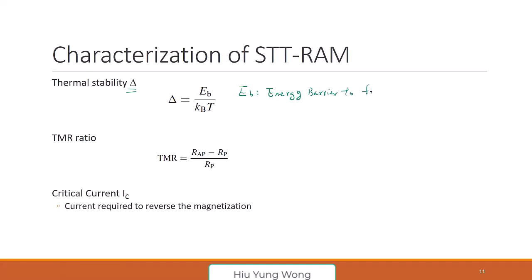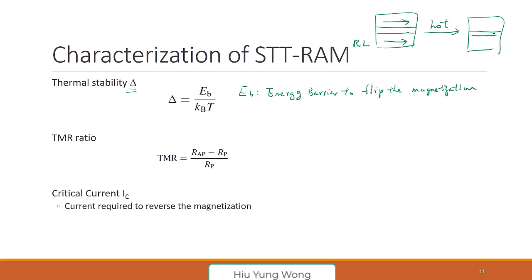Flip the magnetization. Remember I said that you have a free layer. You might be pointing in this direction. This might be my reference layer, right? Well, if it is hot, maybe it suddenly flips my bit to here.